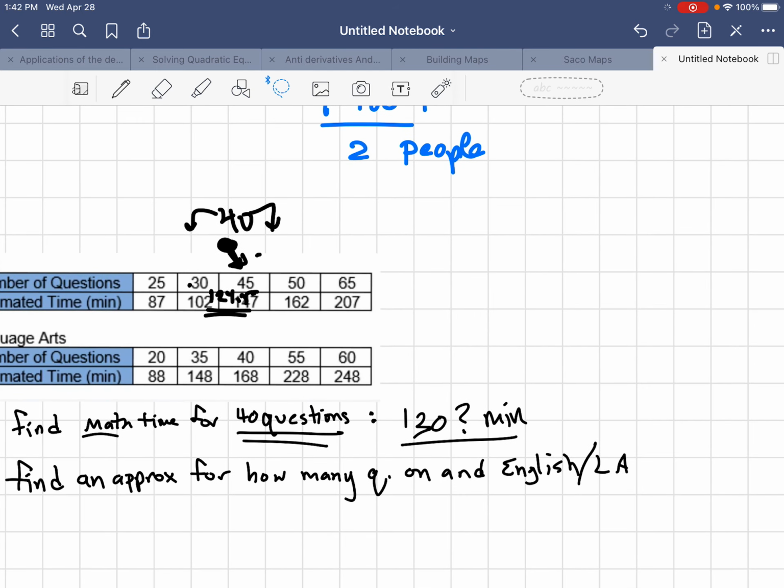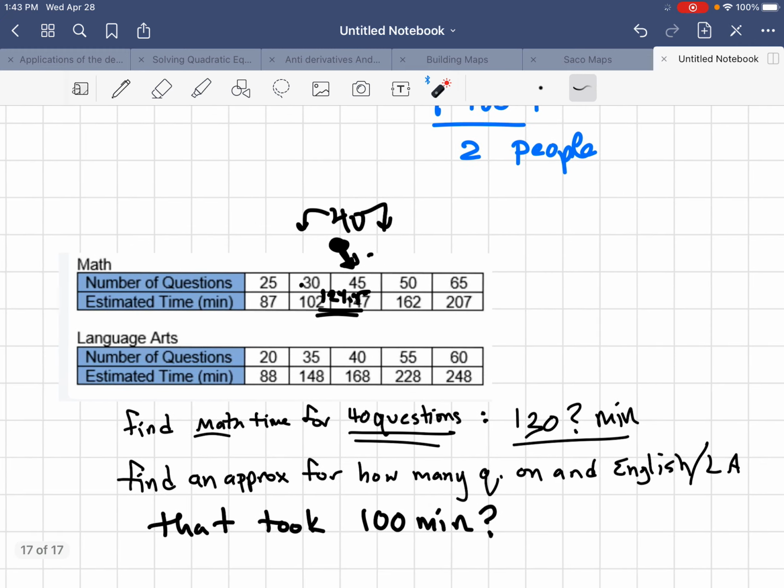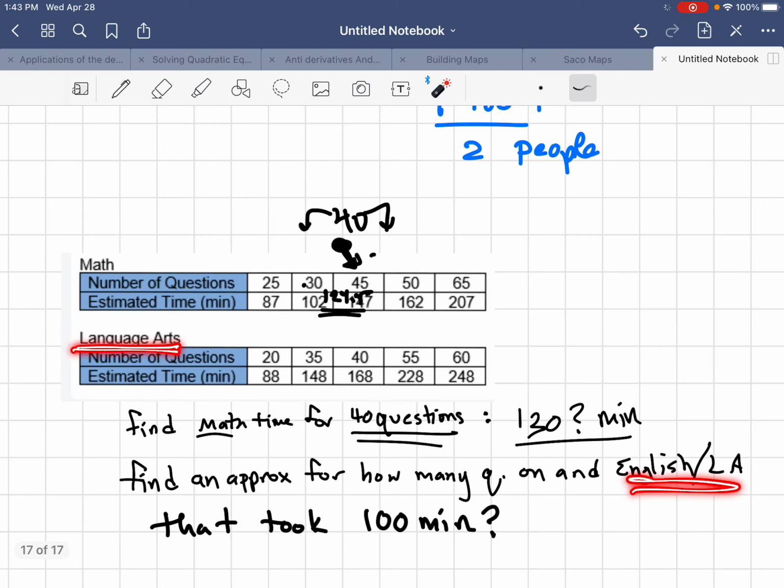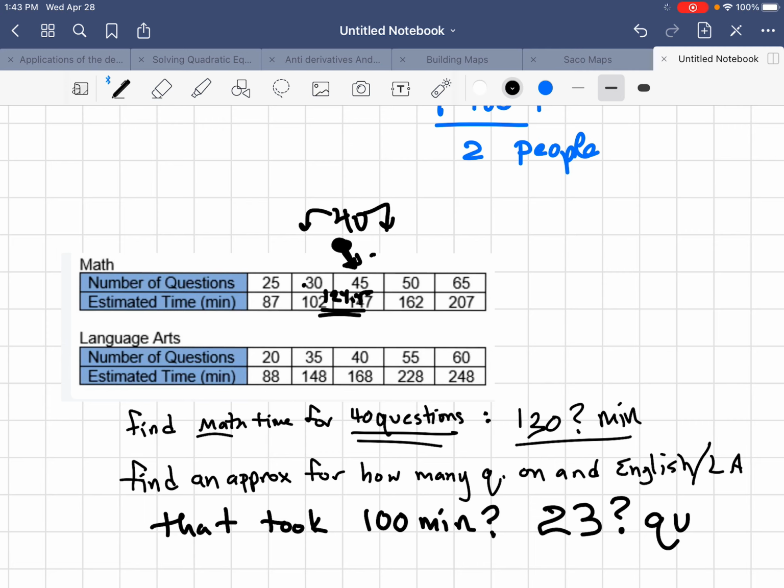How long or how many questions on an English exam that took 100 minutes? Again, we're estimating. So we go to the correct place, language arts, ELA. We go to the estimated time. 100 minutes is pretty close to 88. I'm going to say like 25, 23 questions.